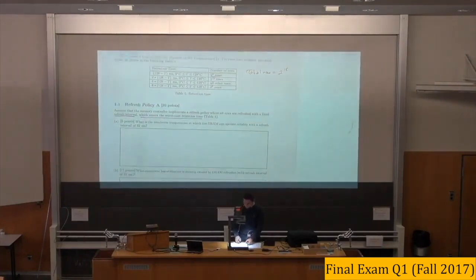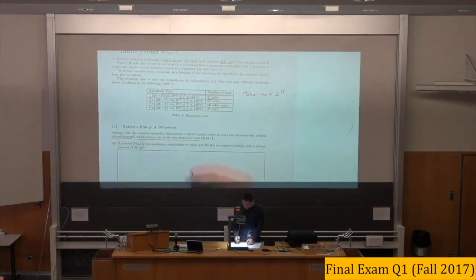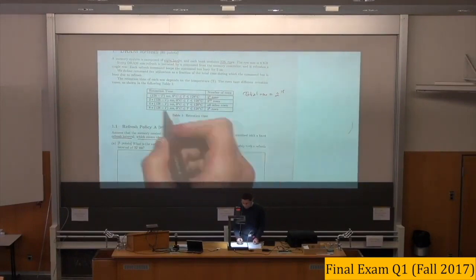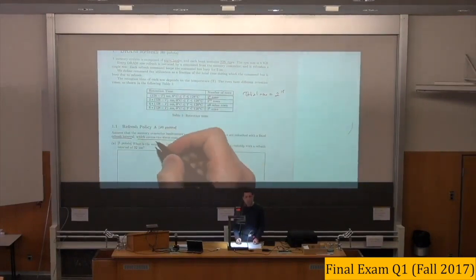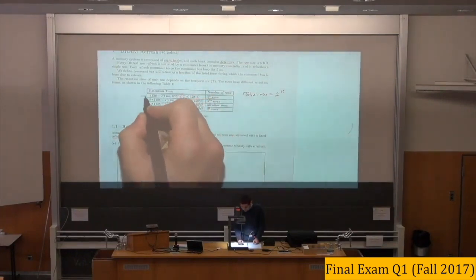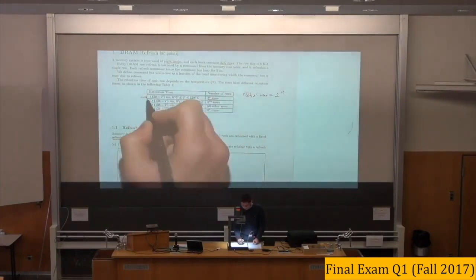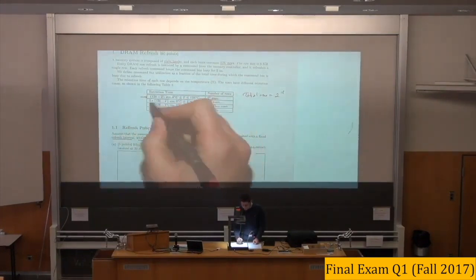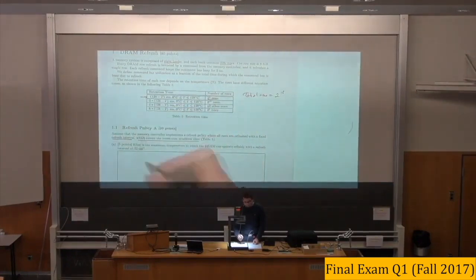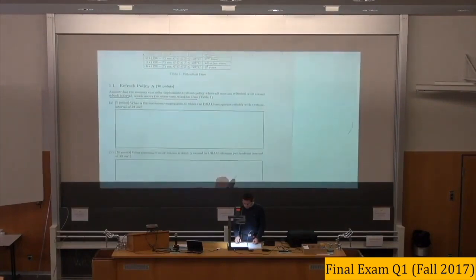What does it mean? Given a temperature, it refreshes all the rows according to the row with the lowest retention time. So according to this table, we will have our smallest retention time here, because it will always give us the smallest retention time unless the temperature is 0.